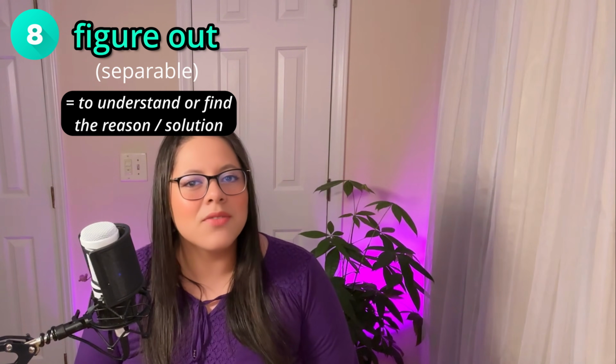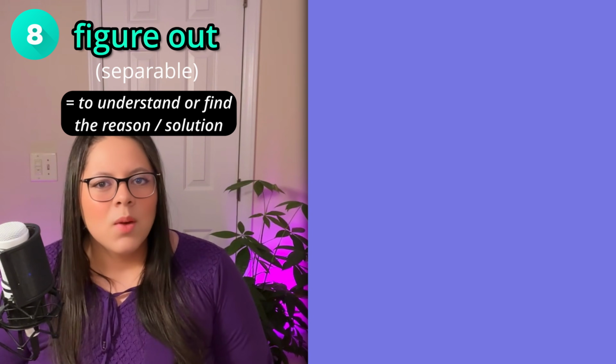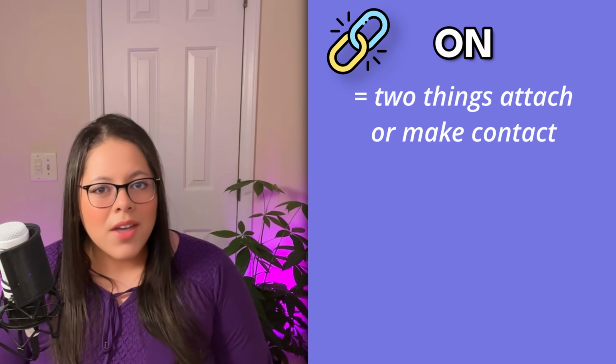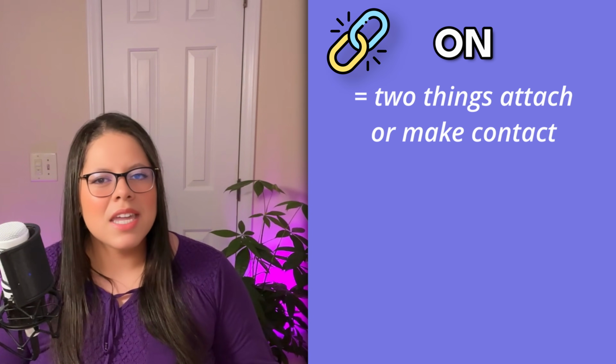However, if you pay attention to the particles, you'll realize that there are some very useful patterns that can help you figure out the meaning of new phrasal verbs when you encounter them. For example, one of the ways to use the word on is to describe two things that attach or make contact.